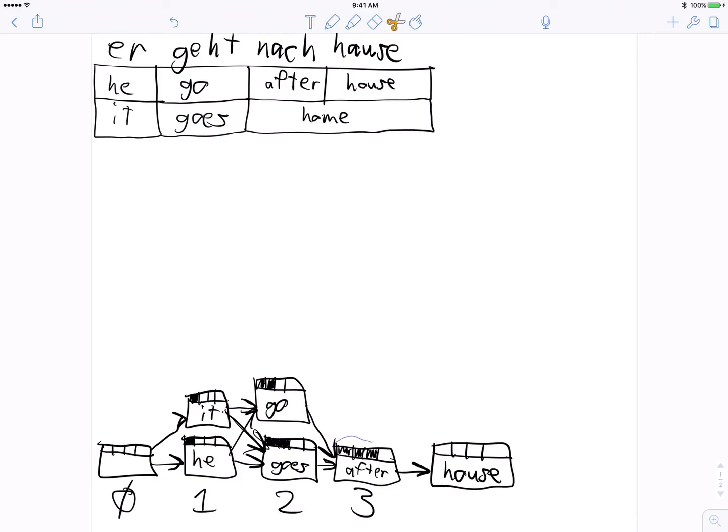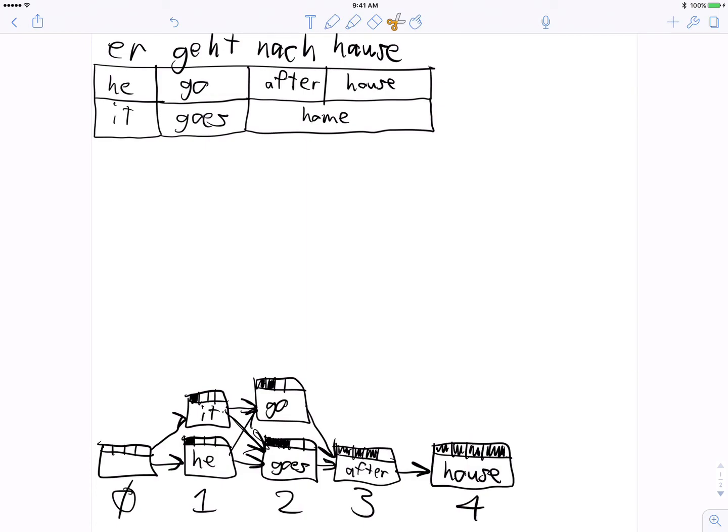Well, at this point, we already had 3 translated. And we have now translated the 4th word as house. Therefore, we fill this in. We've got 4 boxes filled in. 1, 2, 3, 4. Therefore, we are in stack 4.